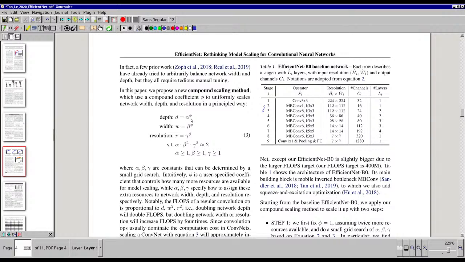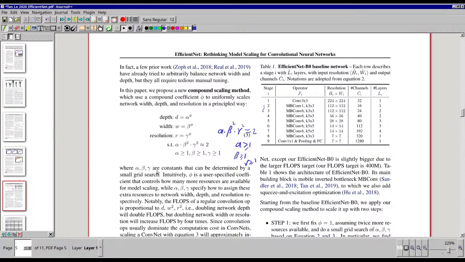Depth d equals alpha to the phi, width w equals beta to the phi, resolution r equals gamma to the phi, such that alpha times beta squared times gamma squared is approximately equal to 2, with alpha greater than or equal to 1, beta greater than or equal to 1, gamma greater than or equal to 1.